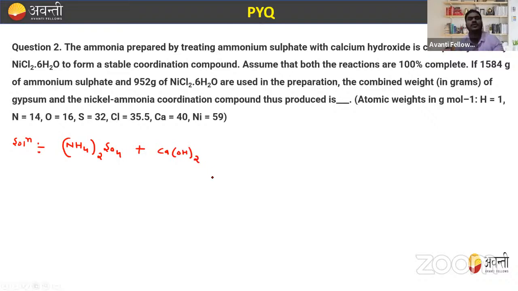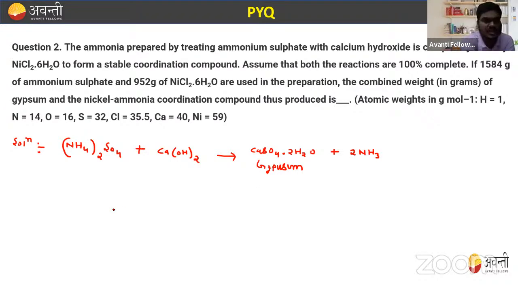When ammonium sulfate reacts with calcium hydroxide, it will produce CaSO4.2H2O, also known as gypsum, and 2NH3, right? Okay, so this is the reaction.